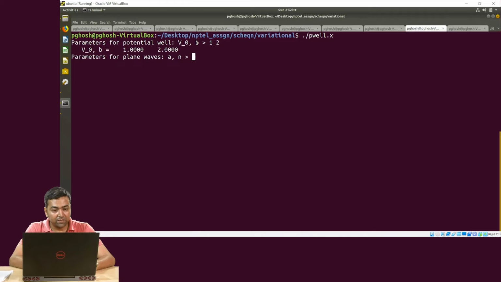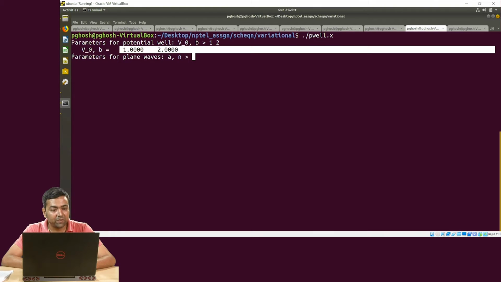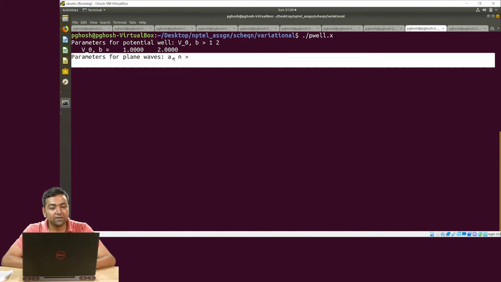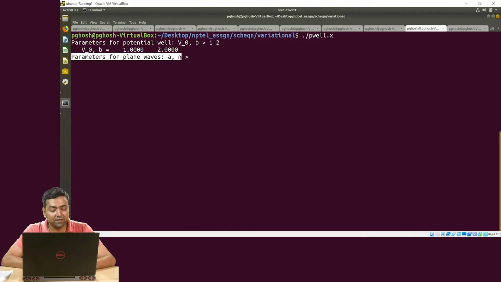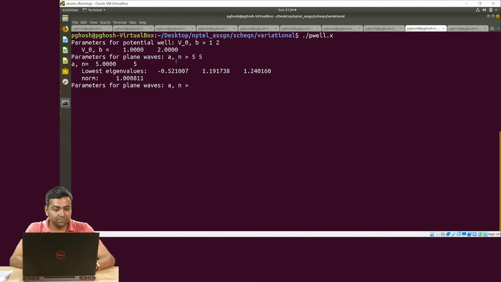The code reads in and then prints out these values. Then it asks me the parameters for the plane waves, that is a, the periodicity, and n, which determines the number of plane waves. Let me start with a small value of a, and a small value of the number of plane waves, that is 5 and 5.